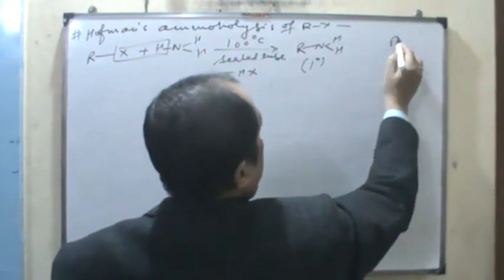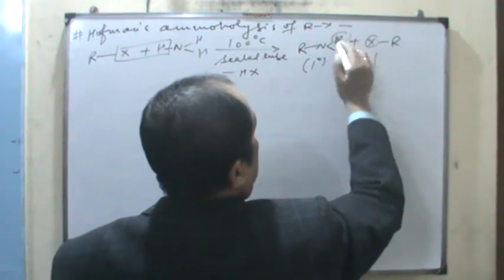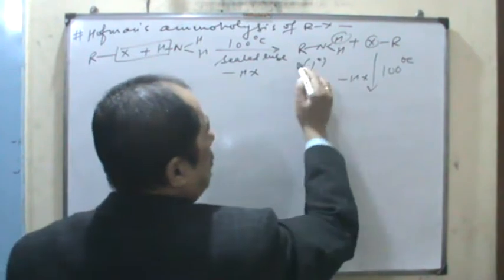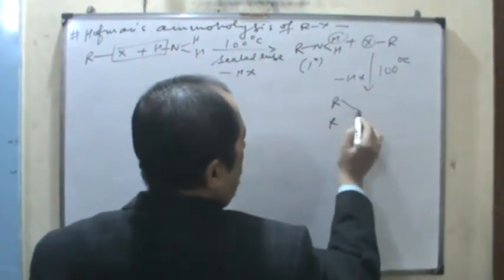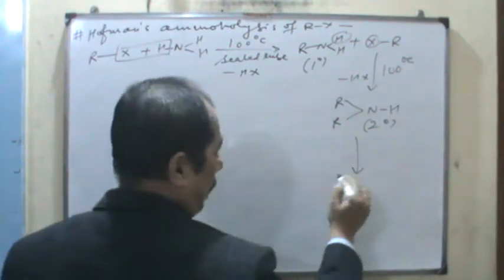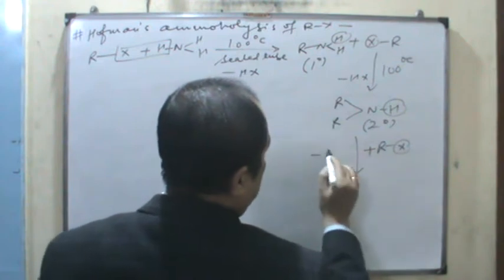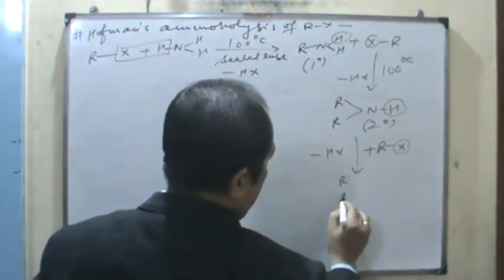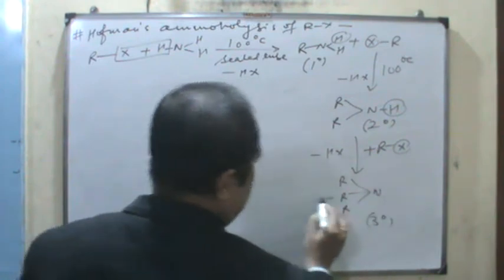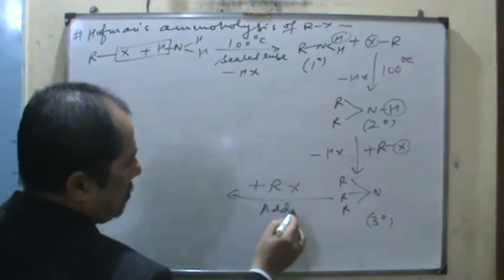Further you take RX, another molecule of the RX, same condition, 100 degrees Celsius. So it is 1 degree, now it is 2 degree amine. Further you add another H and X, R3N, 3 degree amine.